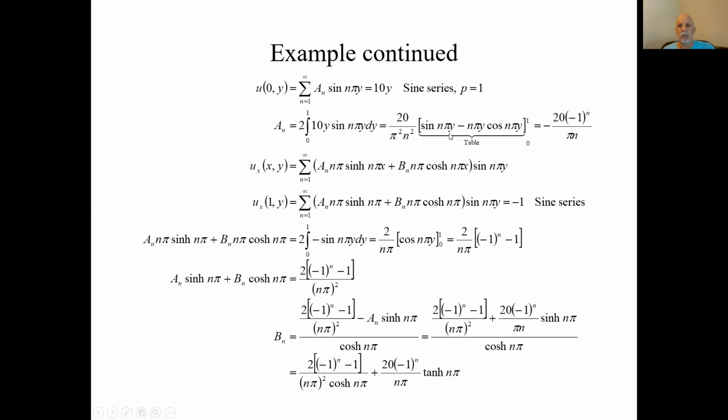Sine of either 0 or n pi is going to be 0. Bottom limit y is 0. So you're only left with the n pi term, cosine of n pi, and cosine of n pi is minus 1 to the n. Anyway, all this mess, the big A sub n's, reduced to that.